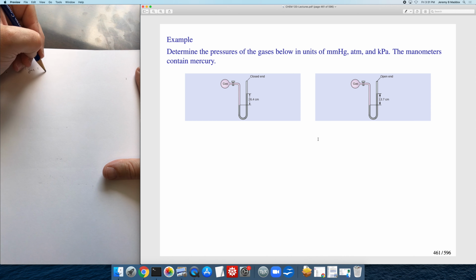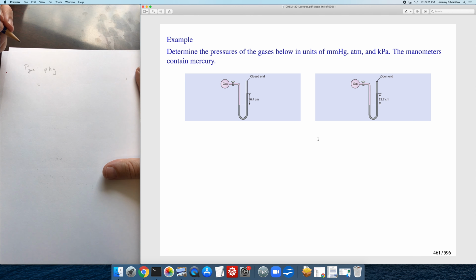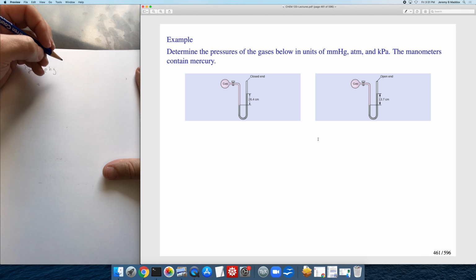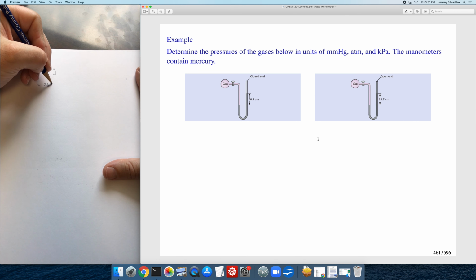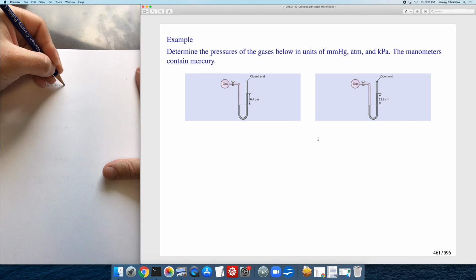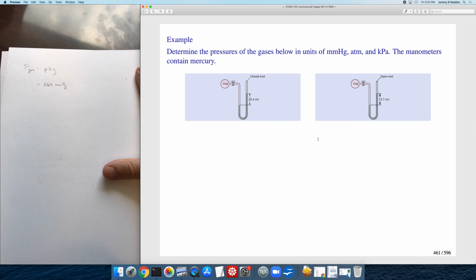Okay, and so that would be rho Hg. Now we don't actually have to do that. We're just simply going to take this to be 264 millimeters of mercury, and then they want us to convert that to atmospheres and then to kilopascals.